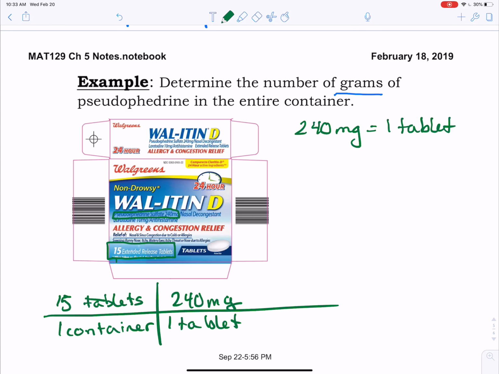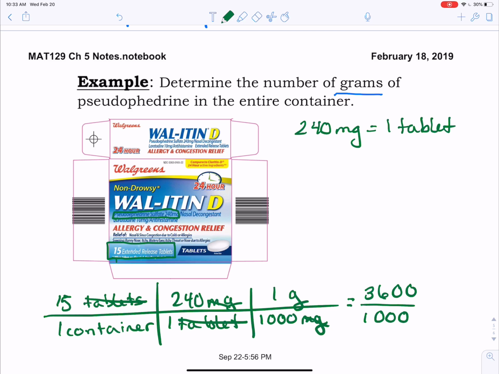I knew to put my tablets diagonal from each other so they would cancel out. But we want our final answer in grams. So I know there's 1,000 milligrams in 1 gram to get my milligrams to cancel out. When I multiply across the top, 15 times 240 gives me 3,600.